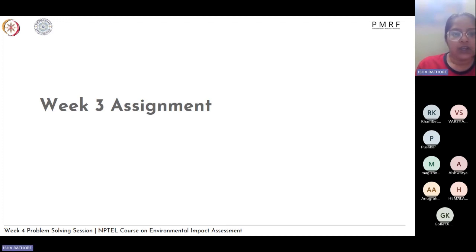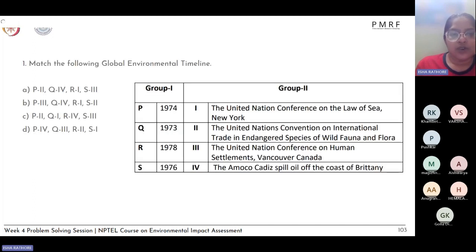Okay, moving on. So the first question, match the following global environmental timeline. You have the year and the relevant event, convention or act which happened, or the disaster which happened in group B. So you need to match group 1 with group B. Again, years and what convention happened when is important, as you would have seen questions around this in the assignment as well.